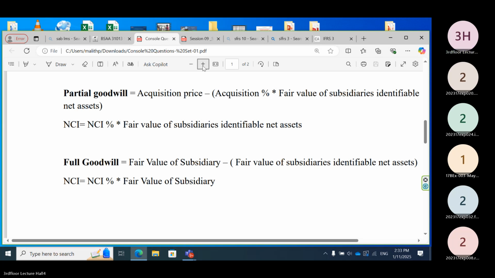This is the goodwill formula, right? Goodwill can be calculated based on the full goodwill method or the proportionate goodwill method. That will be decided based on the NCI.